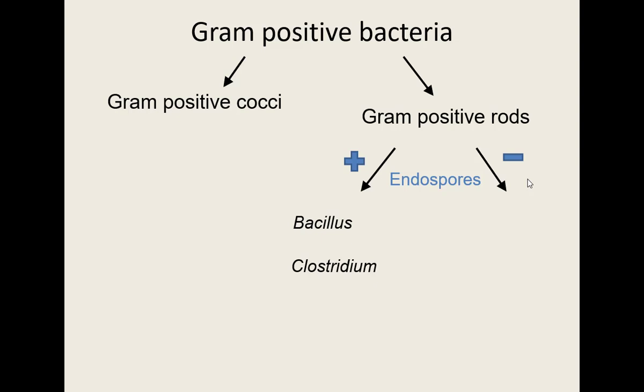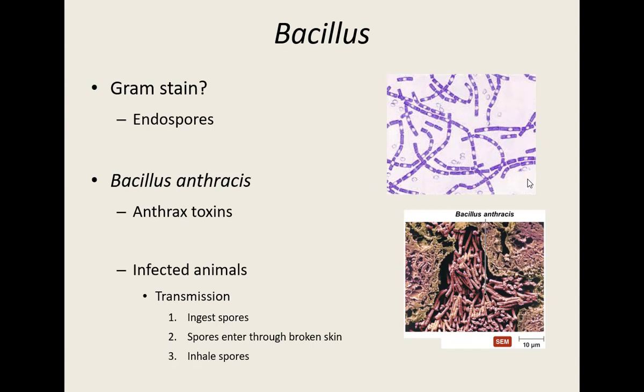We're going to start with the Bacillus. When we gram stain it, it doesn't always gram stain accurately if it isn't in an endospore state, but it will pick up the purple. Your best bet to know if it's in an endospore state, though, is to do an endospore stain. Really, the only bacillus that causes human disease is Bacillus anthracis.